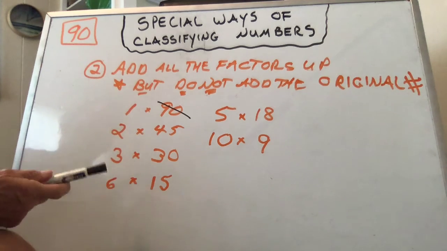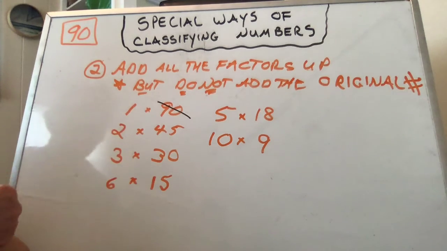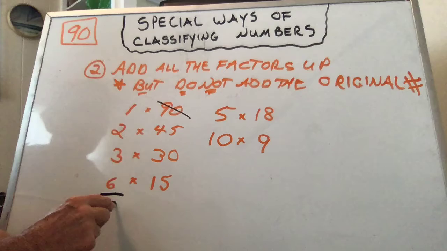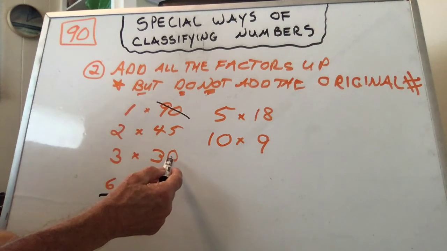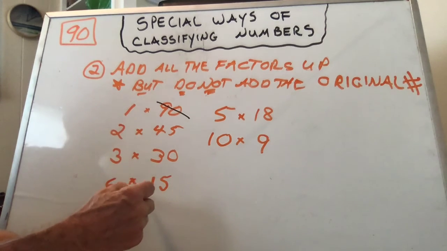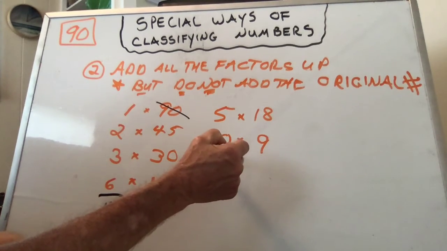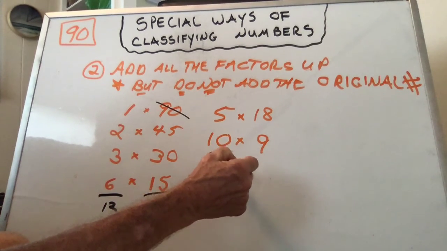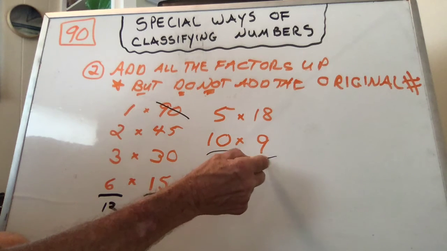Okay? So 3 and 6, 9, 10, 12 here. Let's see, 45 and 30 is 75, plus 10 is 80, plus, so that's 90. 5 plus 10 is 15. 18 plus 9 is 27.